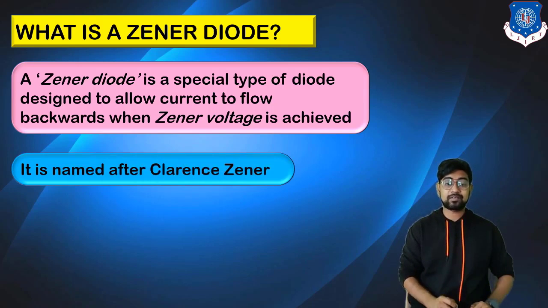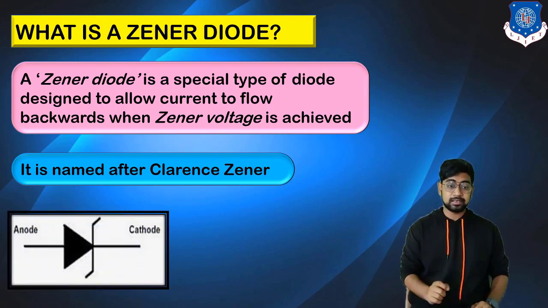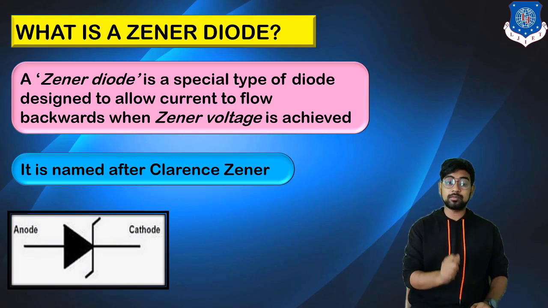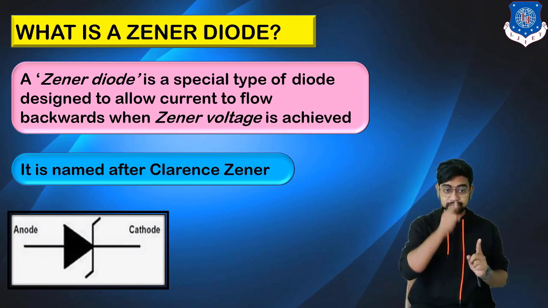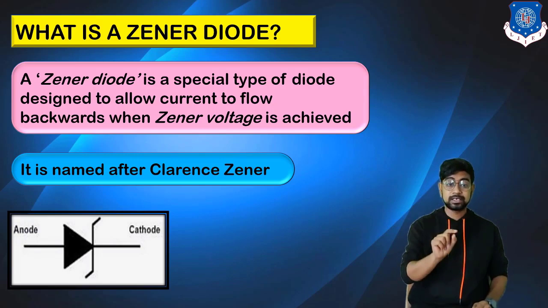It is named after Clarence Zener, the physicist who actually discovered the Zener diode. The symbol is almost identical except that the anode is a triangle, but instead of the straight line you have a Z-shaped line, and Z stands for nothing but Zener. Now how does it look practically?